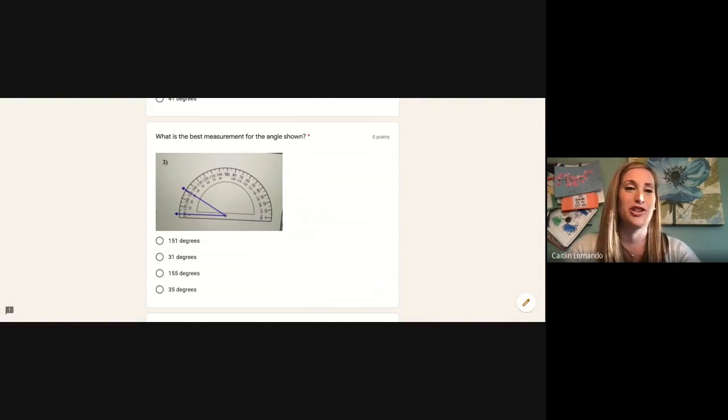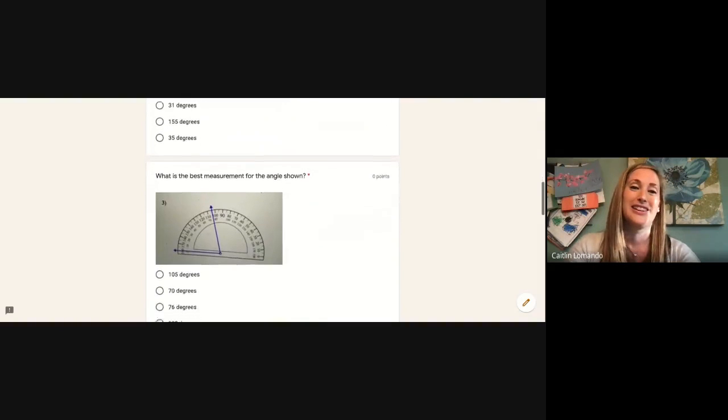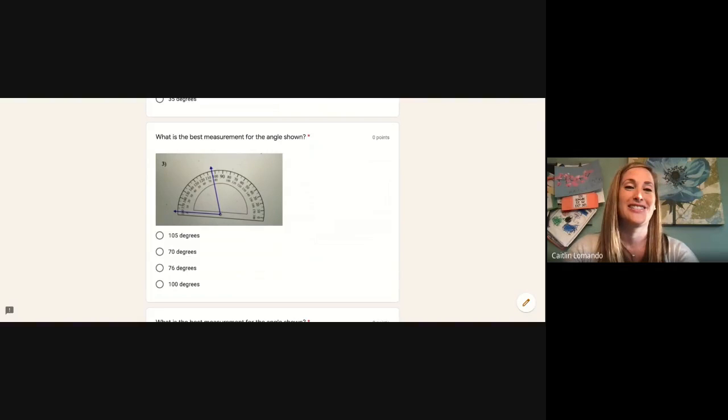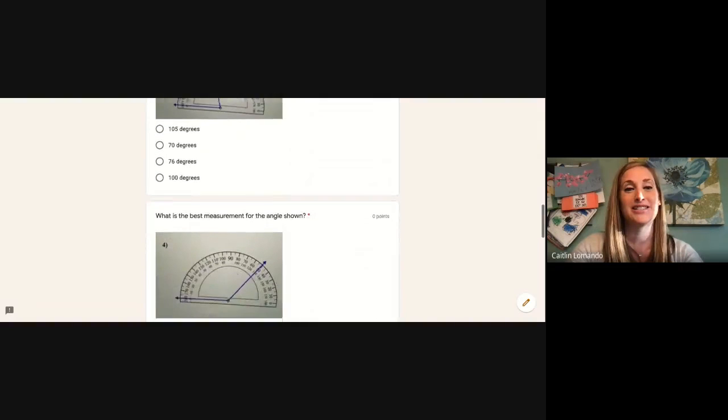Let's look at number 2. Number 2 is an acute little angle. So your answer should be less than 90 degrees. Number 3, that looks like a cute little angle. So your answer should be less than 90 degrees.